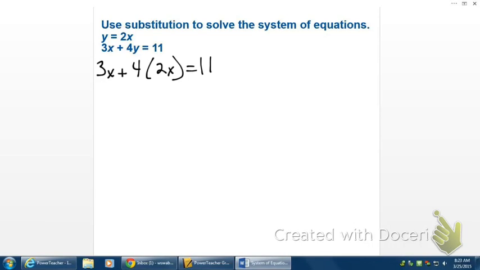Let's go ahead and multiply this out. 4 times the 2x, guys, make sure that's just distributive property. It gives me 8x. Everybody got this so far? Should have. Now, combine those terms. It gives me 11x.